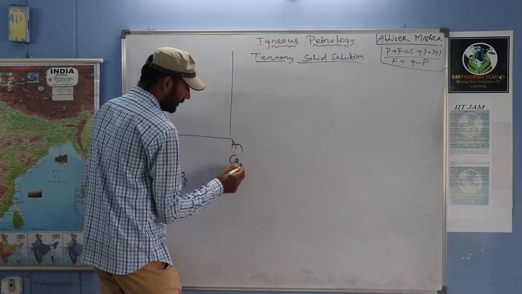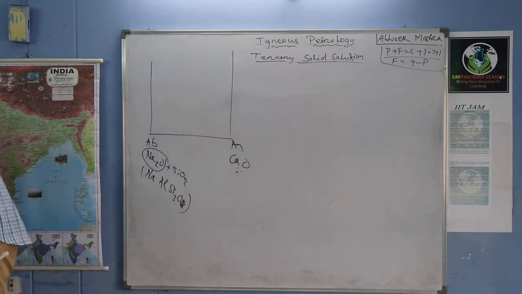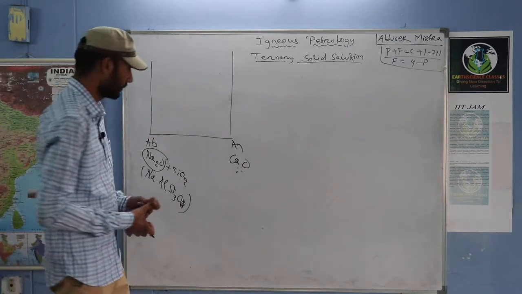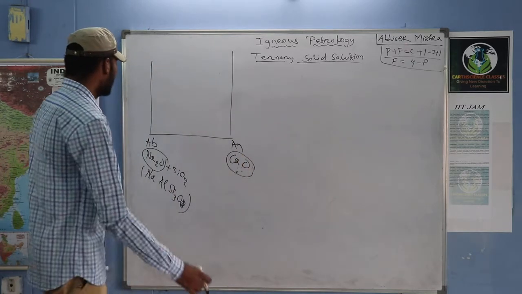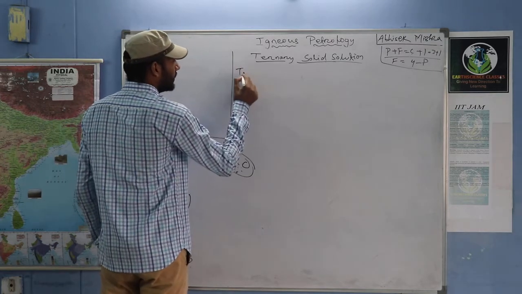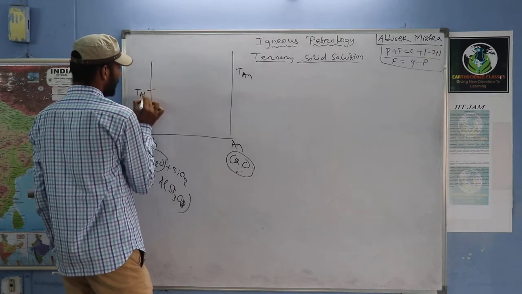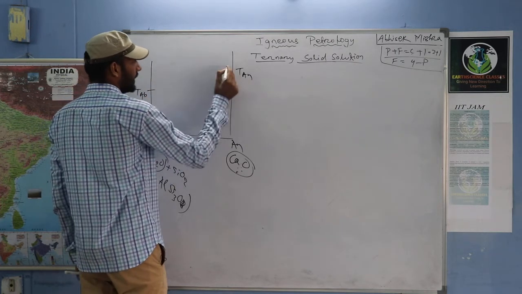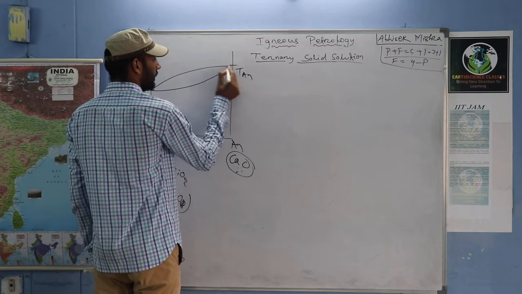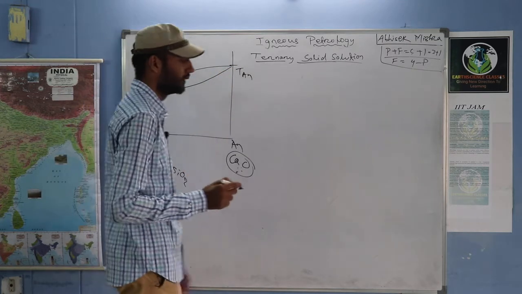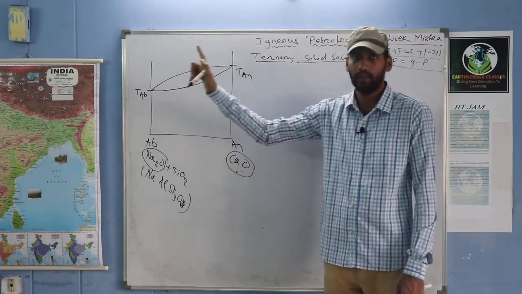This is CaO, calcium oxide plus aluminum silicate, right? Anorthite has a higher temperature, albite has a lower temperature than anorthite. So the graph is like this, right? Anorthite has higher temperature, albite has lower temperature.